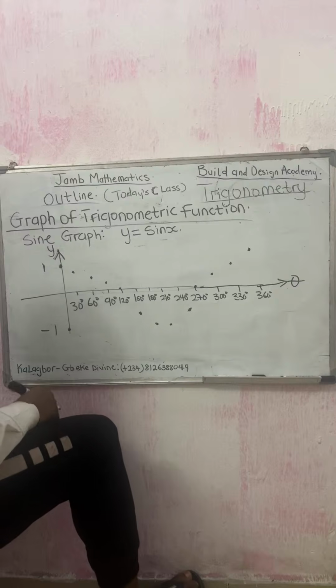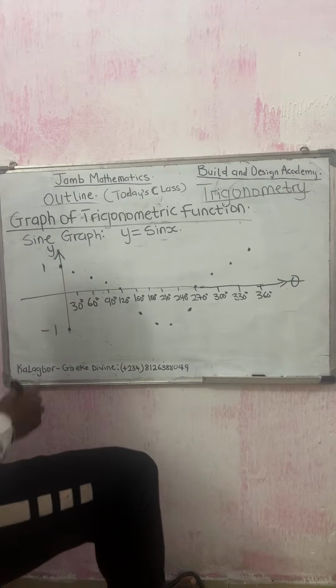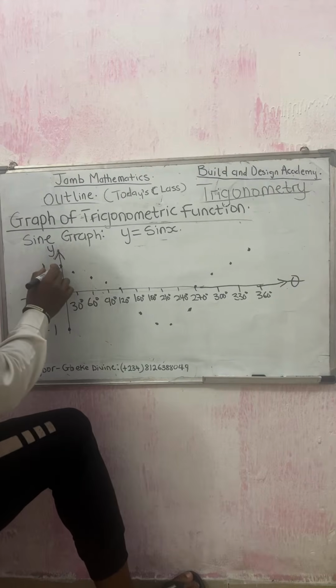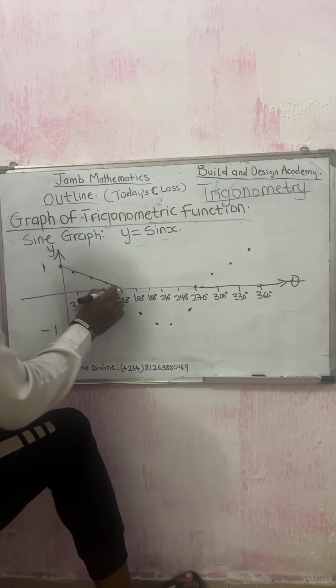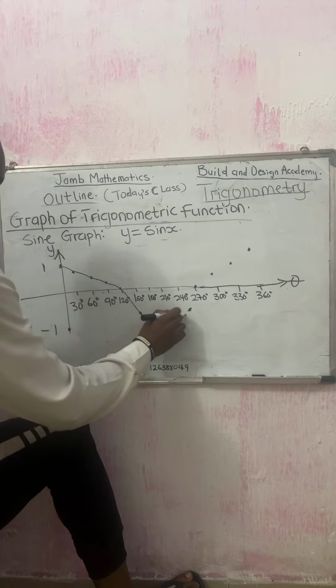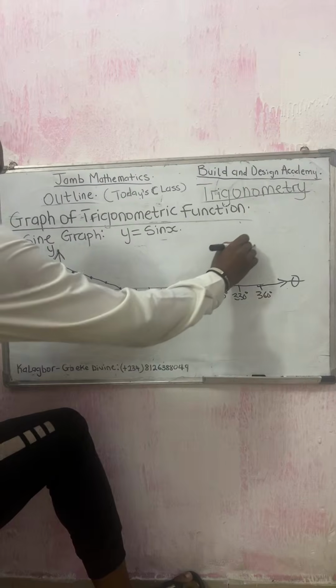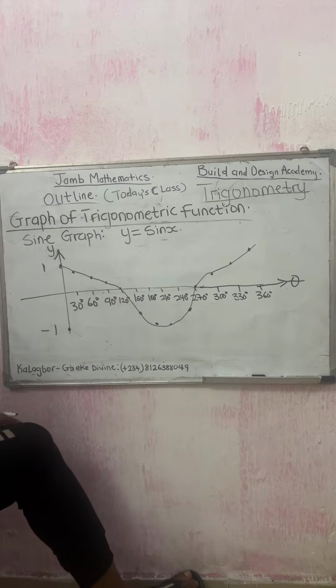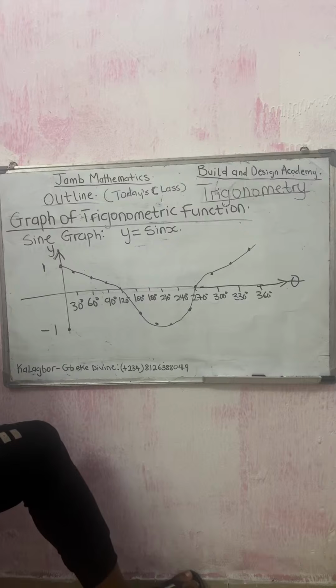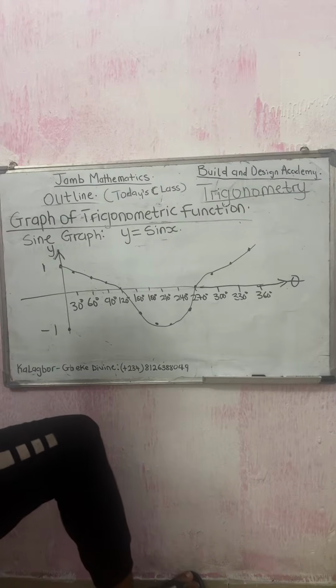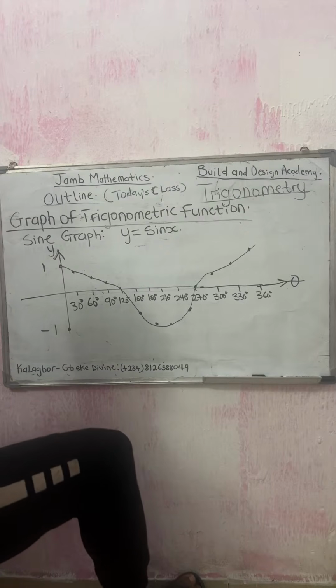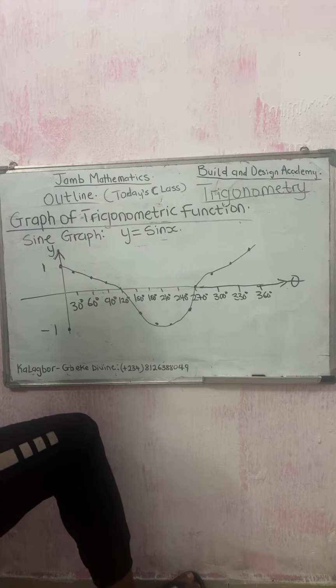So now for this graph, you will trace it. Observe, starting from here, you will be joining the points, and this is how our sine graph will look. So y will be sine of x. That's what we get as our y value.